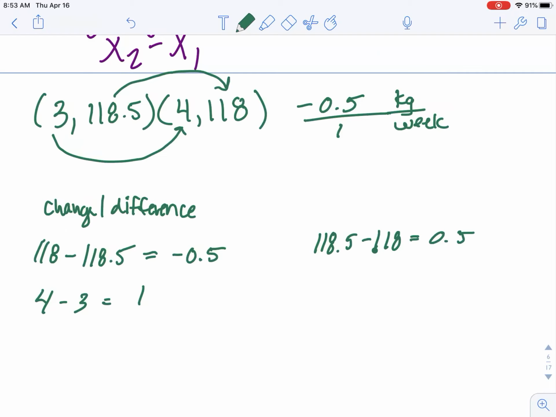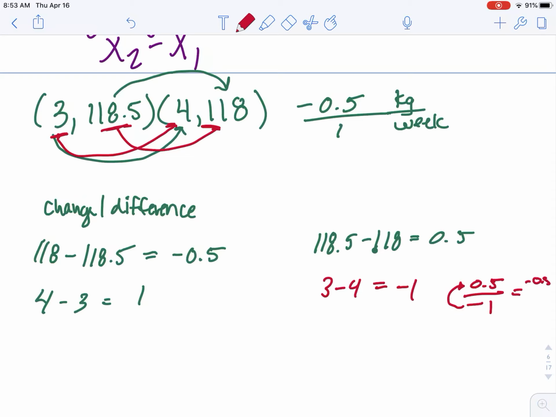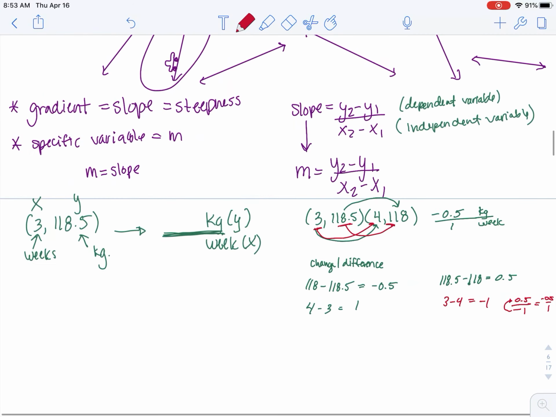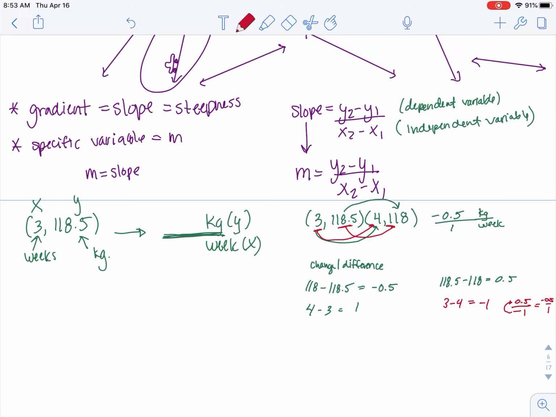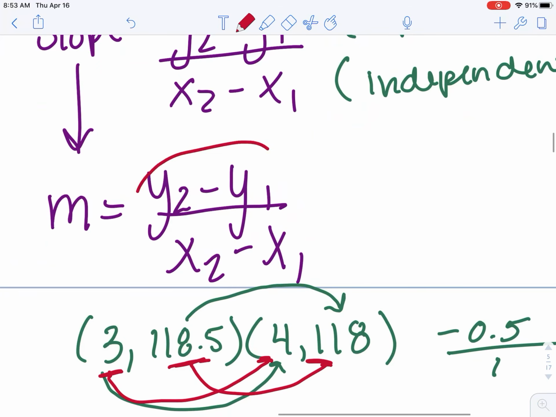But then, if you went from this one to this one, you'd have to do 3 minus 4, which is negative 1, which would give you 0.5 over negative 1, which we know we pull that negative to the top anyways, and that gives you negative 0.5 over 1. So again, it's so important that you do not mix this up.